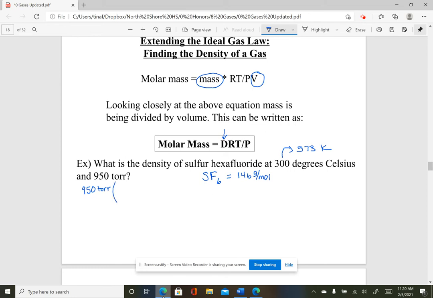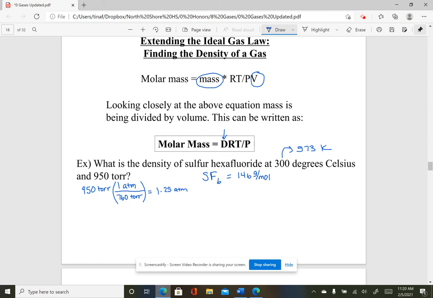If I scroll back up to my second page, I know that 760 torr is the same as 1 ATM. So 950 divided by 760, 1.25 ATMs is my pressure.